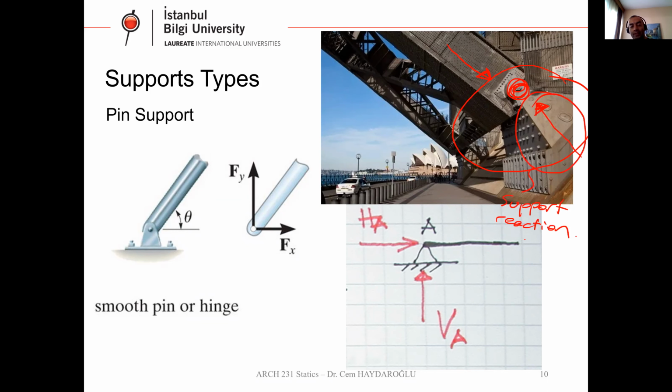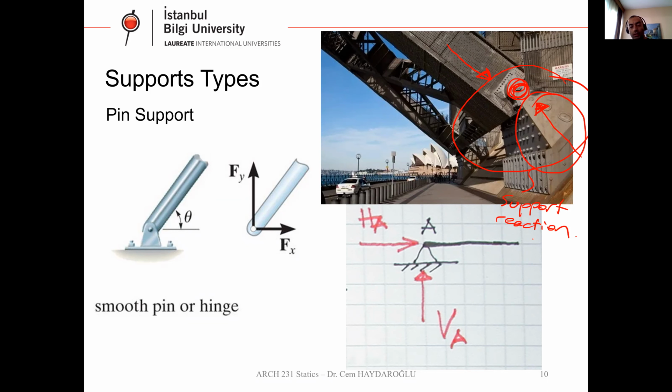Now, what is the rule for this pin support? If we have a pin support, we have two support reactions. One vertical, one lateral.